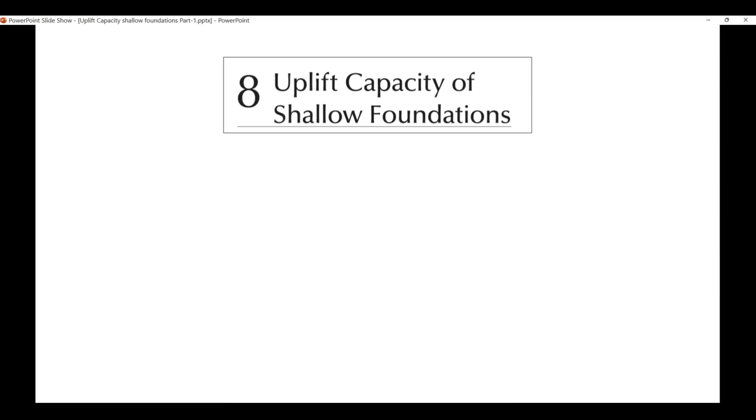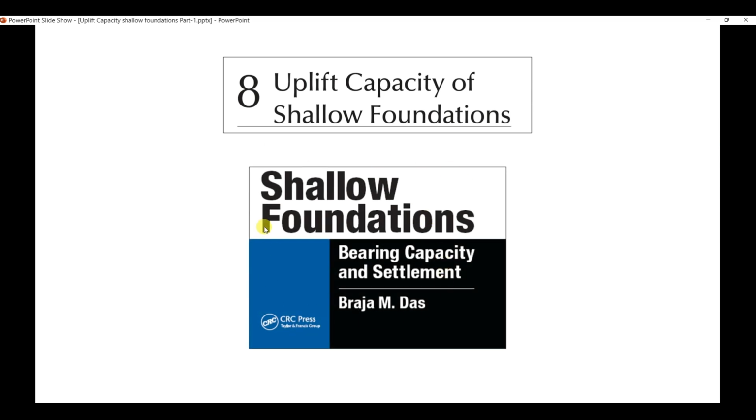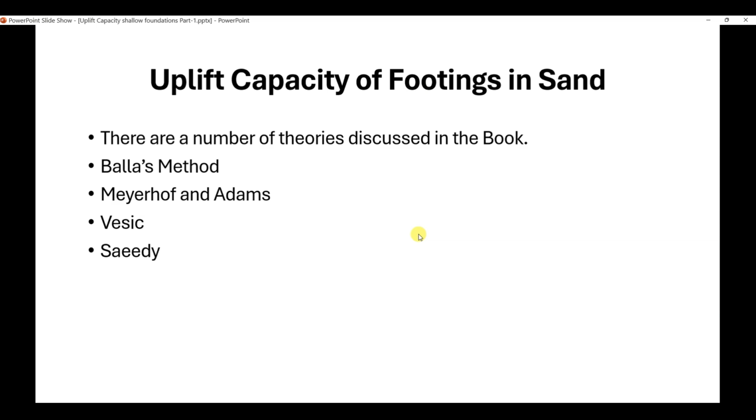The discussion on this topic will be based on Chapter 8, Uplift Capacity of Shallow Foundations, taken from the book of Braja M. Das, Shallow Foundations: Bearing Capacity and Settlement. I won't go in depth into the geotechnical aspects of the uplift capacity of footings.